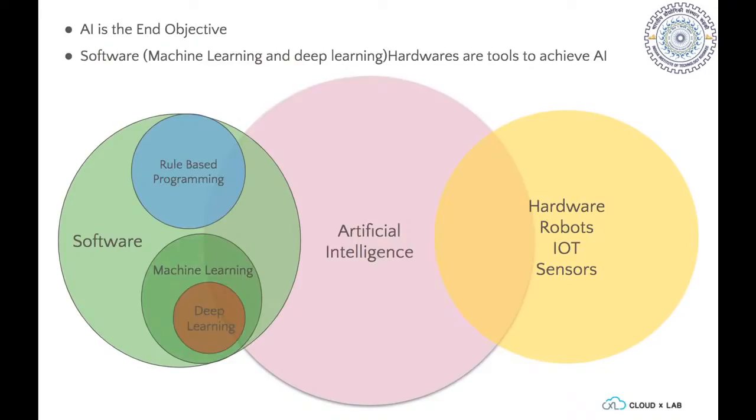So this is how we achieve AI by the way of hardware and software. In software, we have 2 kinds of software, whereby rules are created by people, right? Under machine learning, there are many different kinds of algorithms which learn from the data.